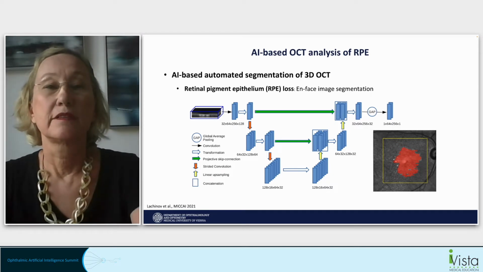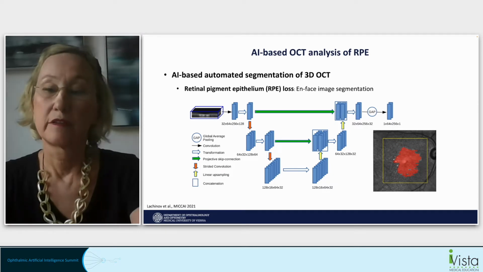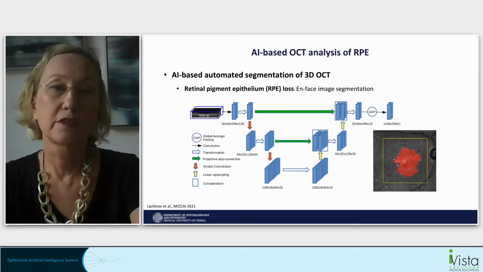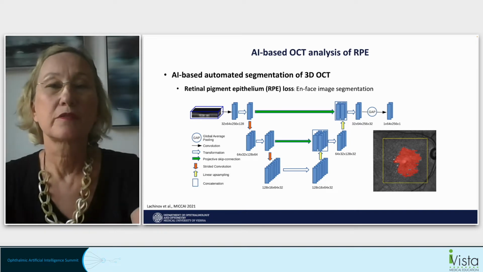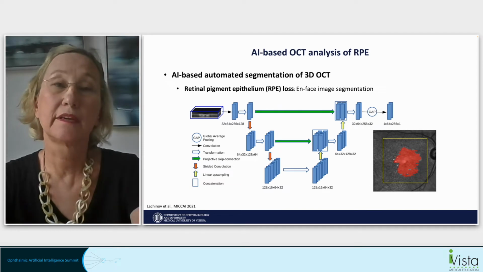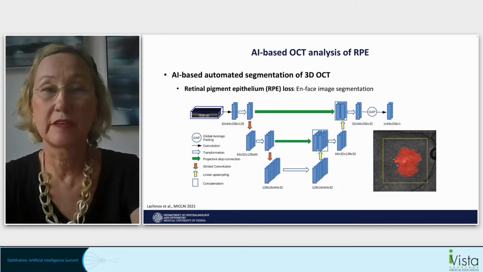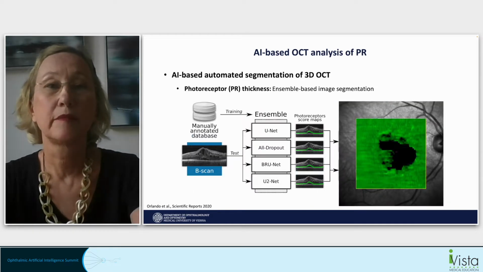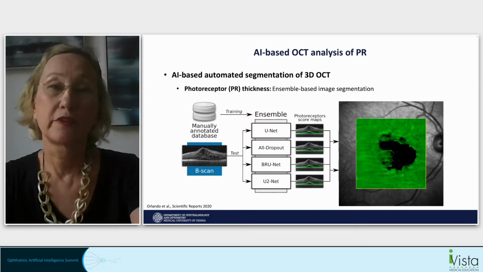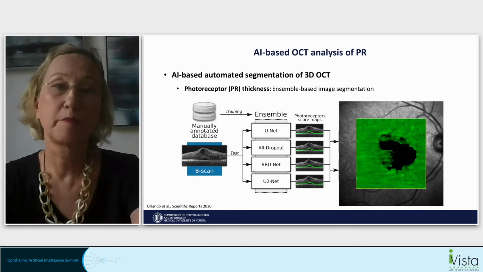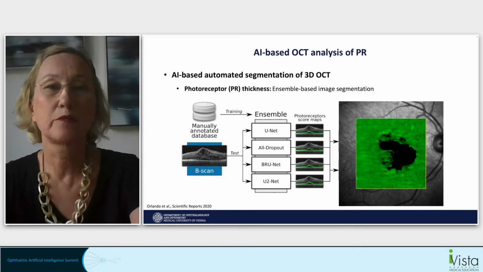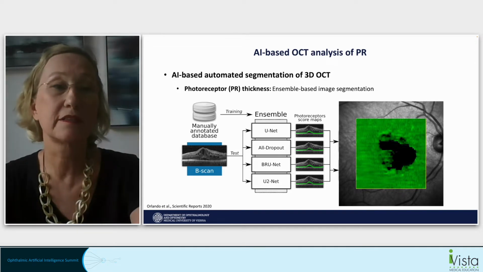OCT analysis includes, in our hands, two layers, RPE loss and photoreceptor loss. So RPE loss uses convolutional networks as seen here in a schematic drawing, and it provides beautiful en face image segmentation. As I said, the photoreceptor layer can also be demonstrated by 3D OCT imaging using AI analysis.